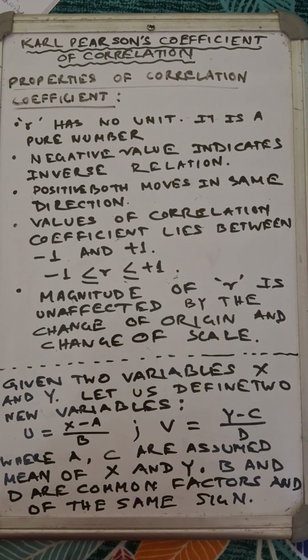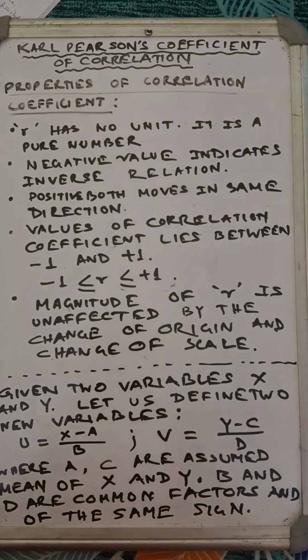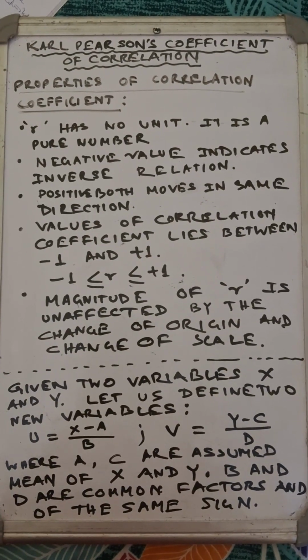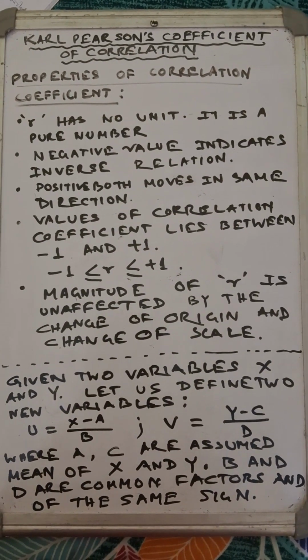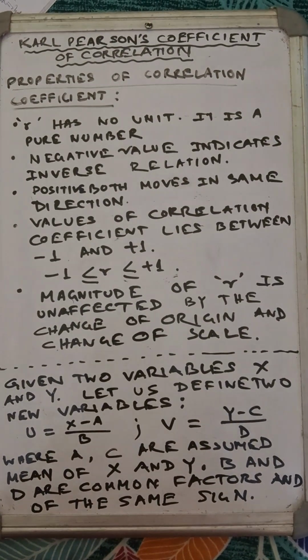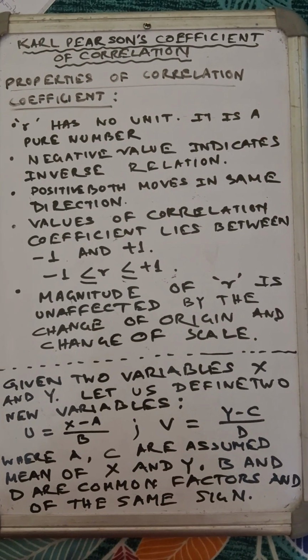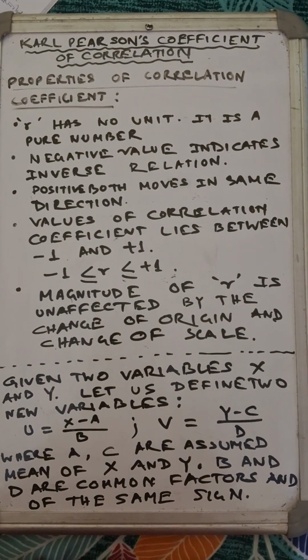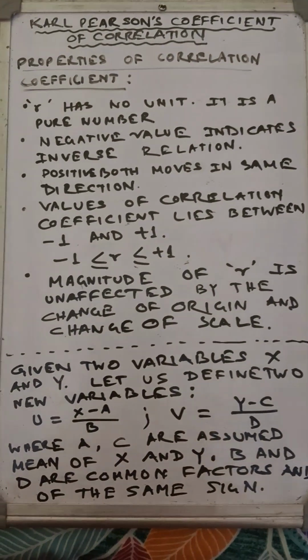Now given the two variables x and y, let us define two variables as u is equal to x minus a by b and v is equal to y minus c by d, where a and c are assumed means of x and y, and b and d are common factors of the same sign.